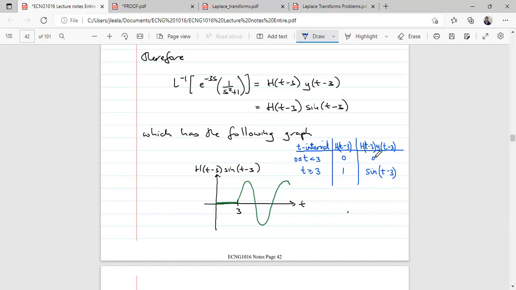And for less than 3, greater or equal to 0, that is this region here, right? It's defined to be 0, so it's a horizontal line on the t-axis. And then when you hit 3, the graph is sine t minus 3.